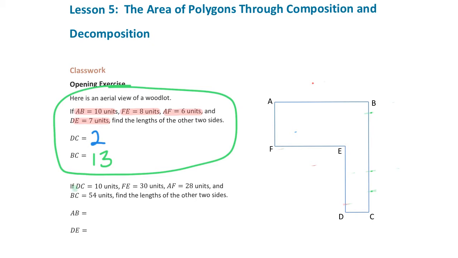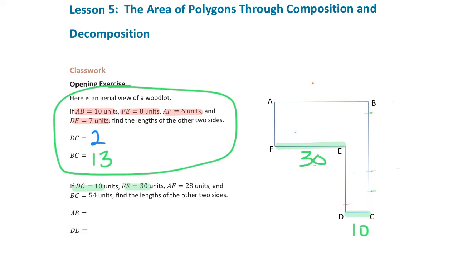This one says DC is 10. So I come over here, I find DC, and DC is 10. Then it tells me that FE is 30, so I find FE, and I label that 30.